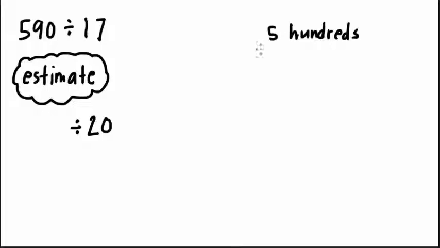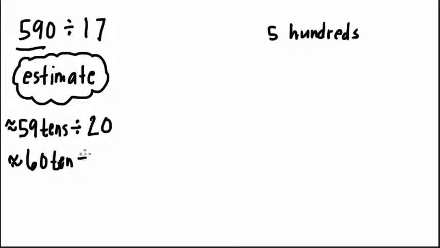So we want to rename the hundreds, and in this case we can rename it to tens, because 59 tens is the same as 5 hundreds and 9 tens. So we're renaming our number. And then when we estimate, we can change that to 60 tens. And 60 tens divided by 20 is 3 tens.